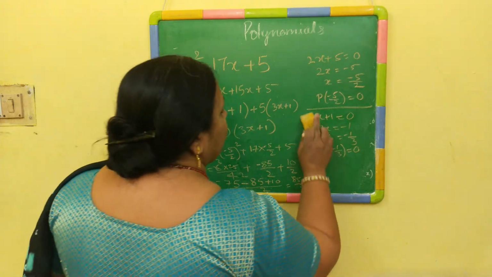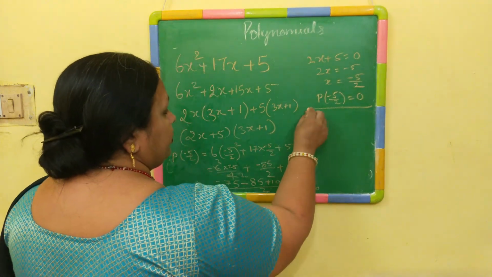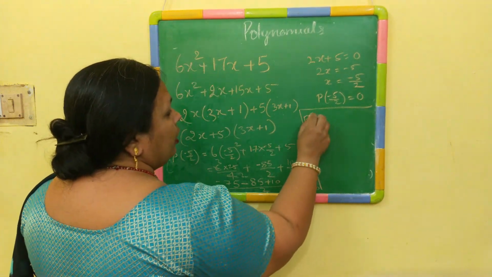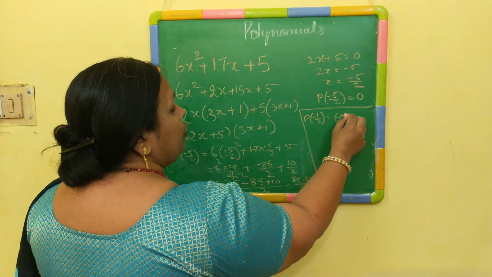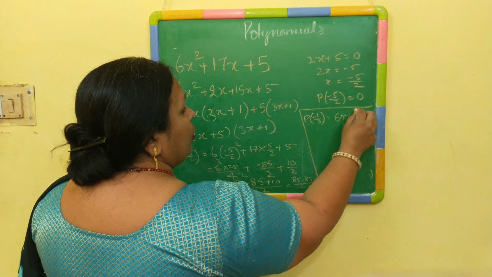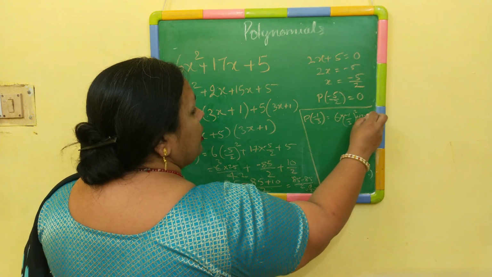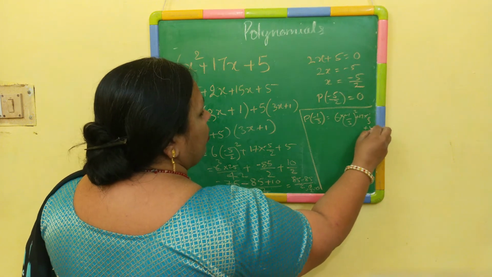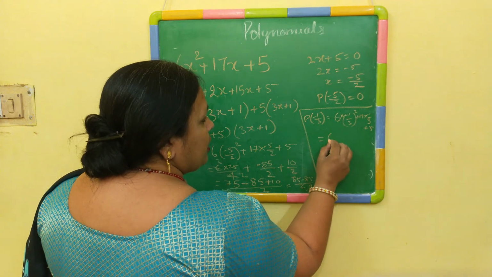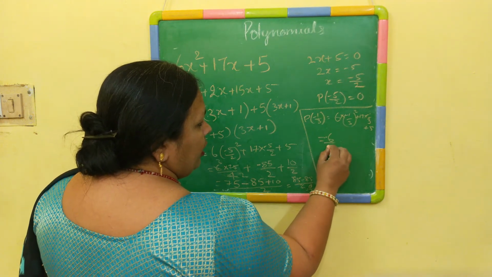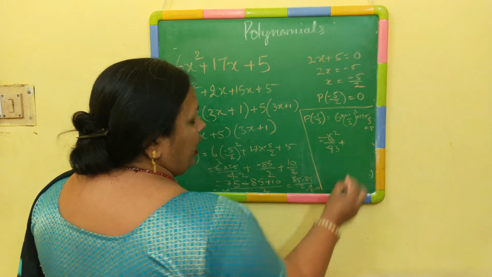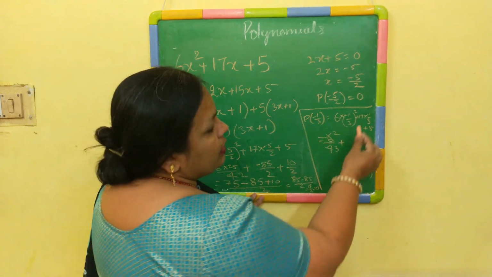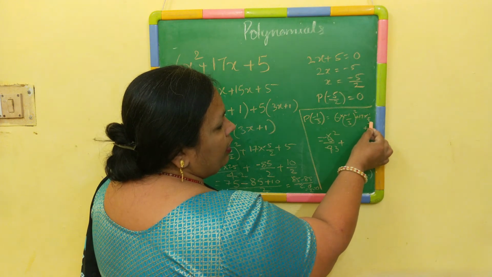If we check it for minus 1 by 3, P of minus 1 by 3 is 6 into minus 1 by 3 whole square plus 17 into minus 1 by 3 plus 5 will give you 6 into 1 by 9. This is 2 and this is 3, plus here it is 17 into minus 1 by 3.